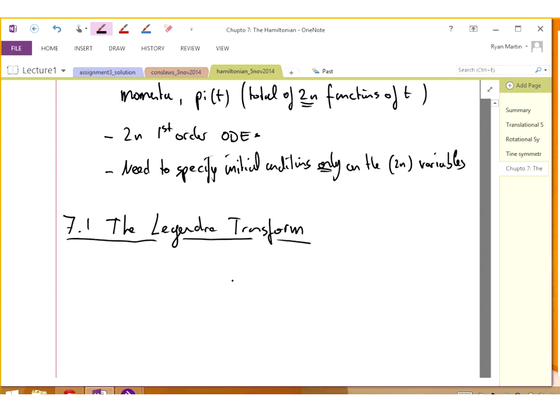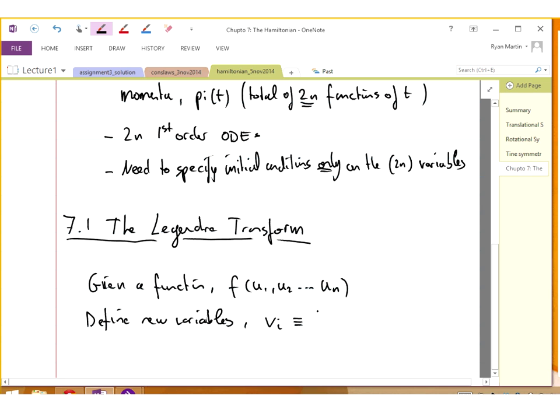So given a function f that depends on a bunch of variables, which we'll call u1, u2, and up to un, define new variables vi, and we define the vi to be the partial derivative of f with respect to ui.